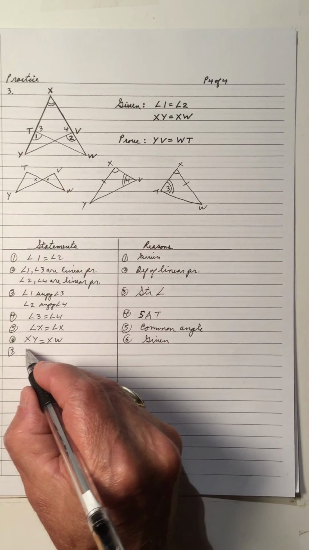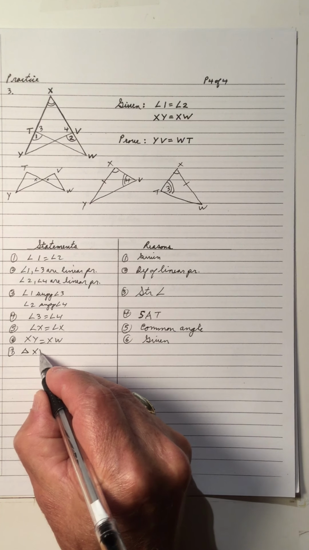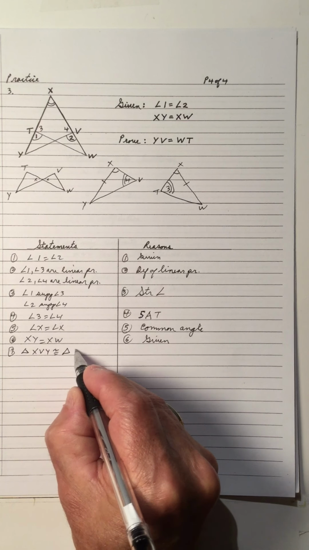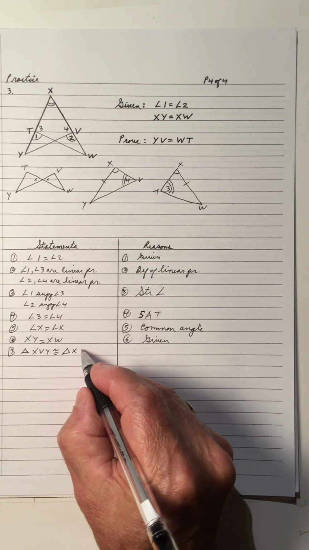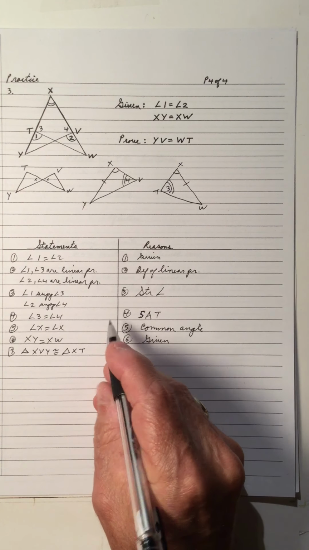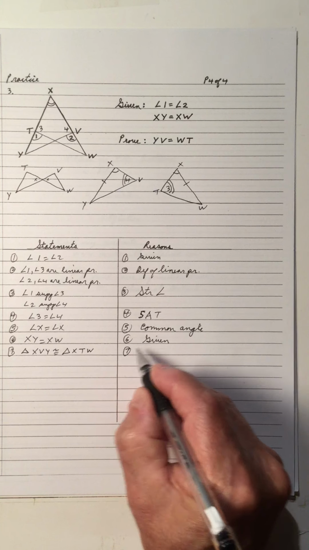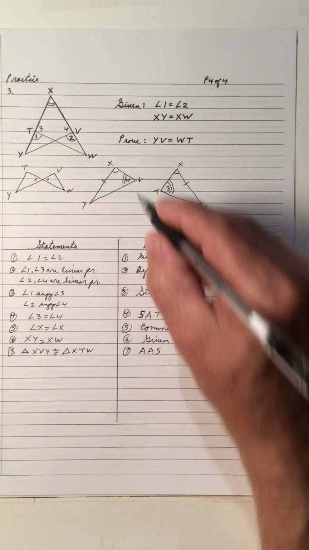These sides are equal. So now I have triangle XVY, and X goes with X, V goes with T, and the Y goes with the W. And that's angle, angle, side.